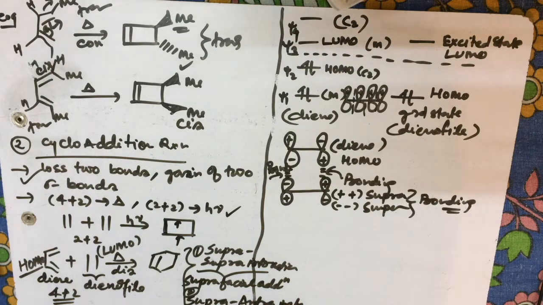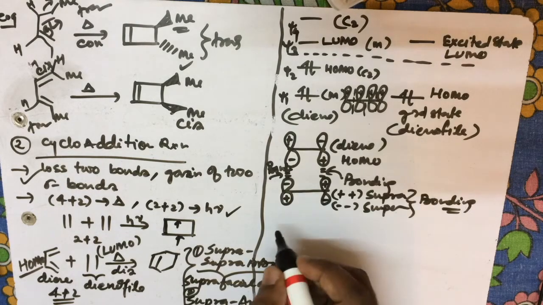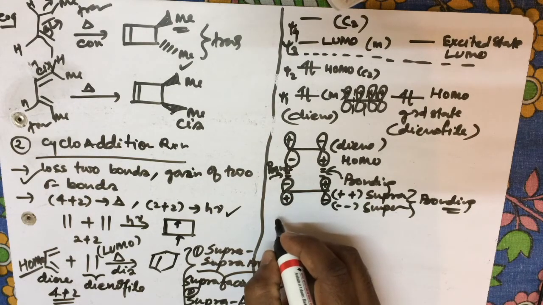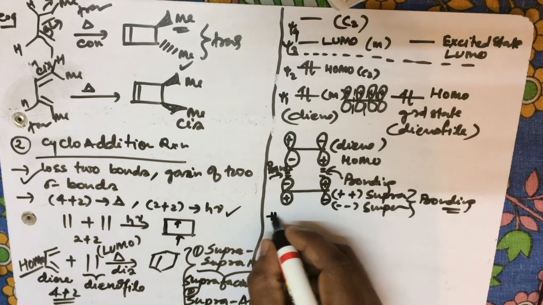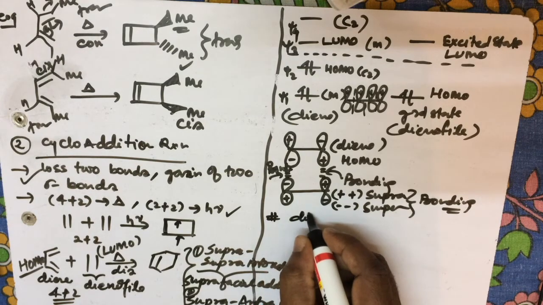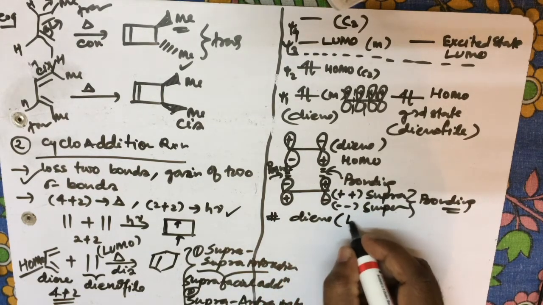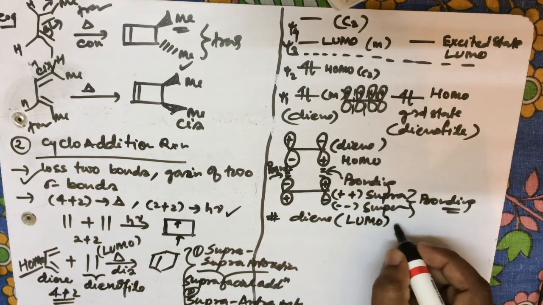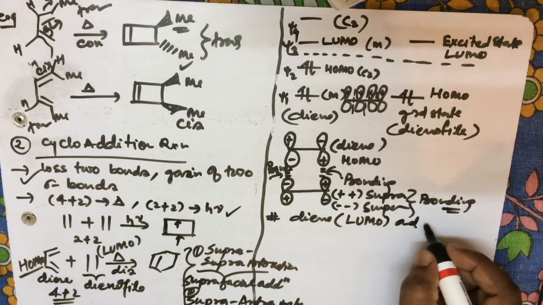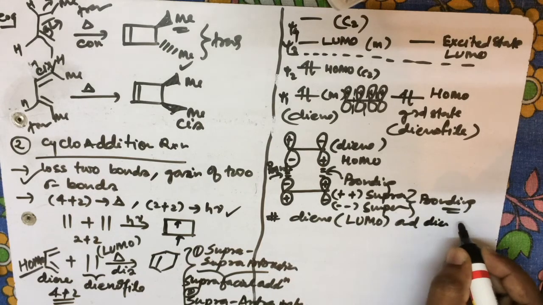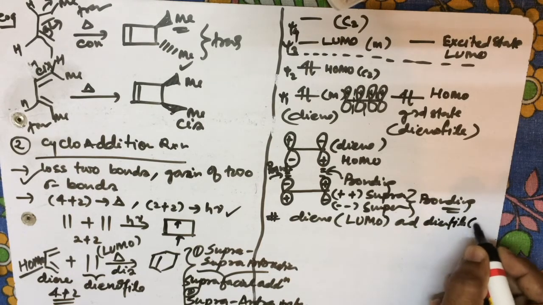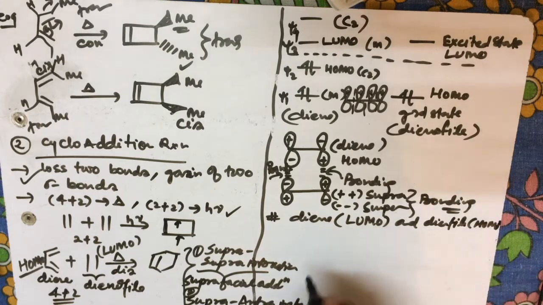And if we reverse this condition, we can also get the supra interaction. If we change like this, for diene if we take LUMO, and for dienophile take HOMO, then we will get the same structure like this.